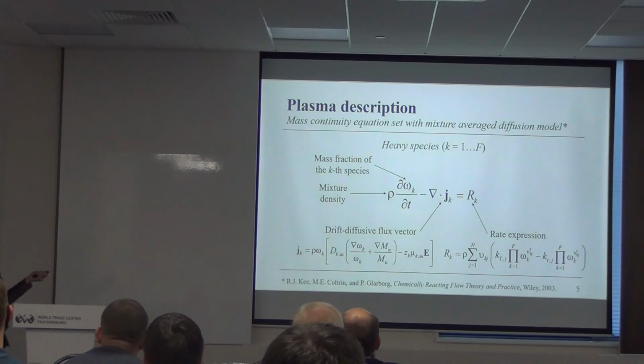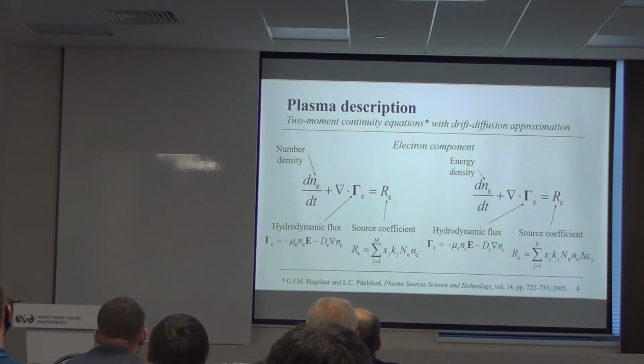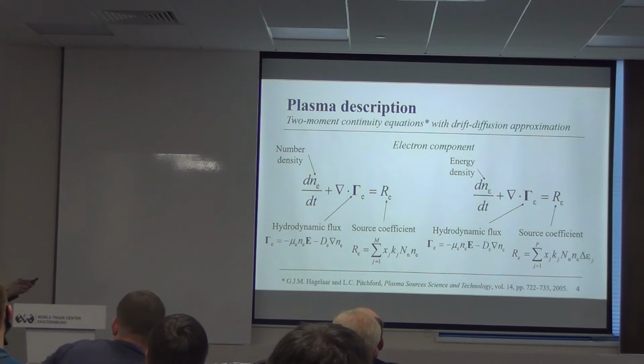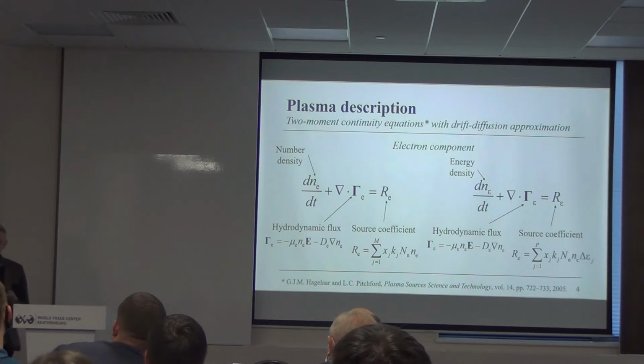On the right side equation, we don't use the Boltzmann equation to calculate plasma transport and gas dynamics. We use the Boltzmann equation only to determine the transport coefficients, mobility and diffusivity, in the two-term approximation.